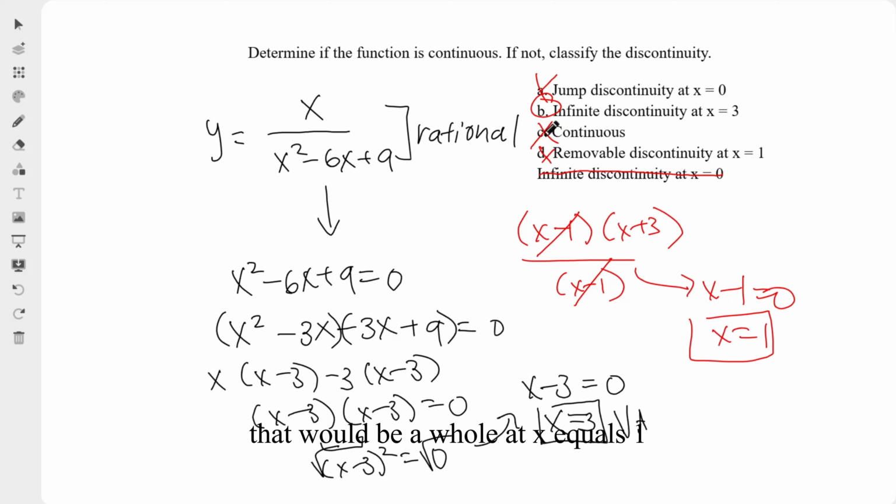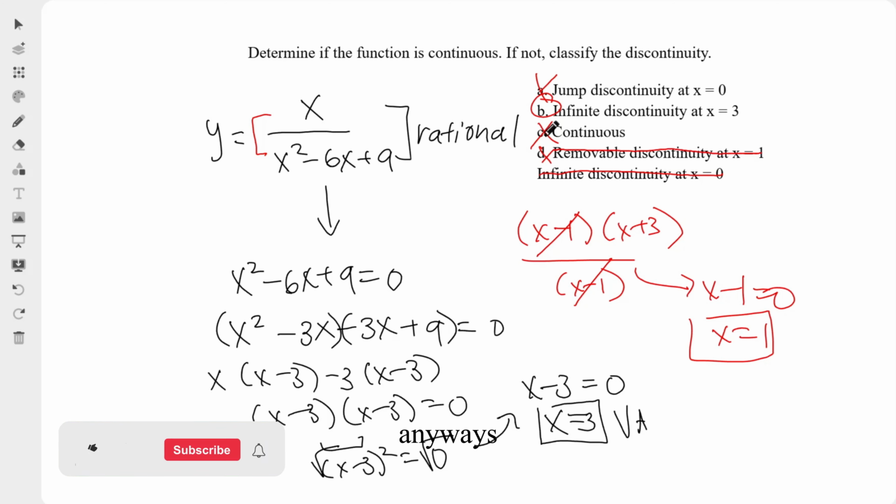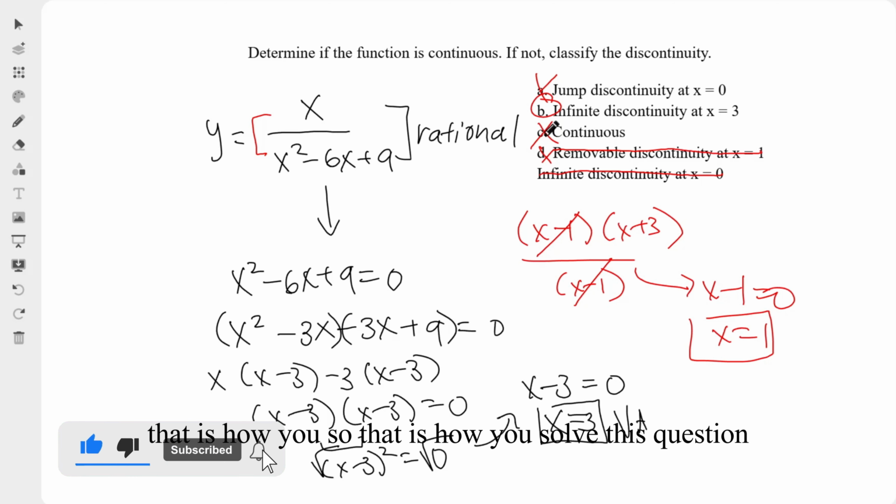That would be a hole at x equals 1, which is a removable discontinuity, or a hole discontinuity. We don't have that here. We have nothing canceling, nothing factoring, nothing canceling from the top and the bottom. So therefore, D is wrong because there literally is no removable discontinuity anyways. So that is how you solve this question.